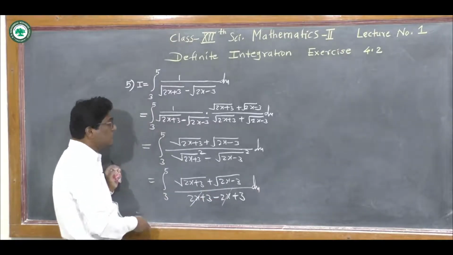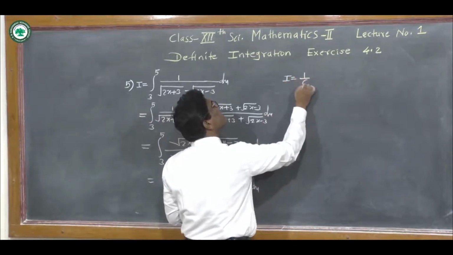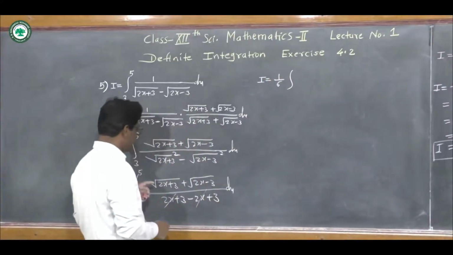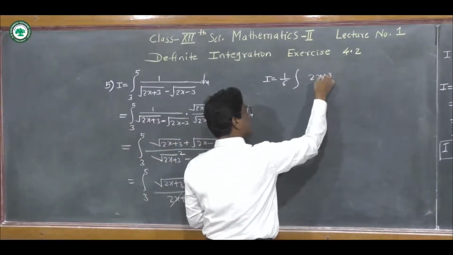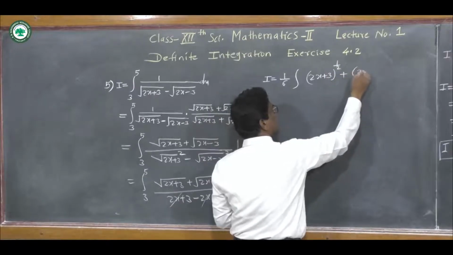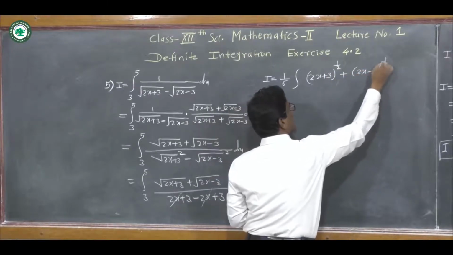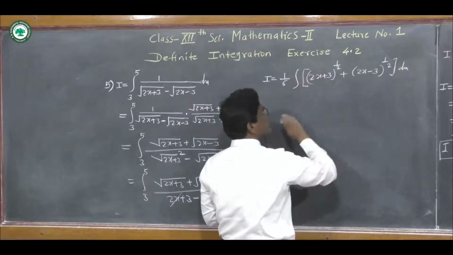It is constant. So I is equal to 1 upon 6 into integration of (2x plus 3) to the power 1 half, square root means power 1 half, plus (2x minus 3) to the power 1 half, dx. Now separate the integration.